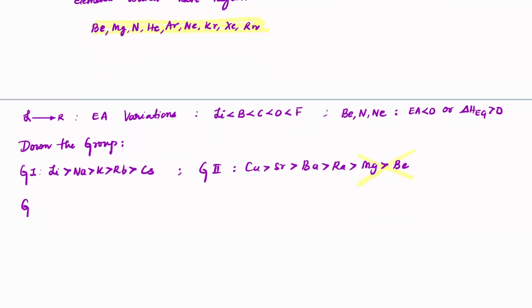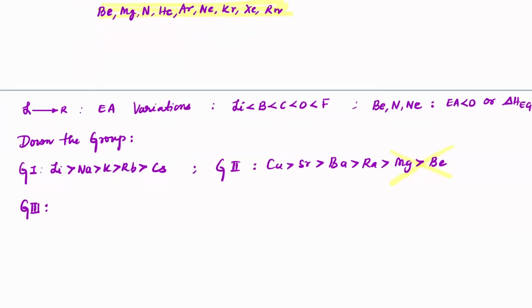Next one, if you compare group 3, which means group 13. Group 3 and group 13 are same. So here, aluminium is greater than boron, is greater than gallium, is greater than thallium, is greater than indium. Okay. So in comparison to aluminium and boron, see, boron is still a little reluctant, but aluminium will easily take up the electron.